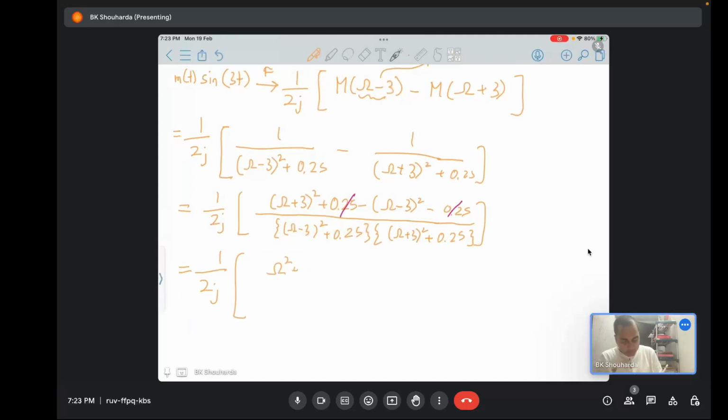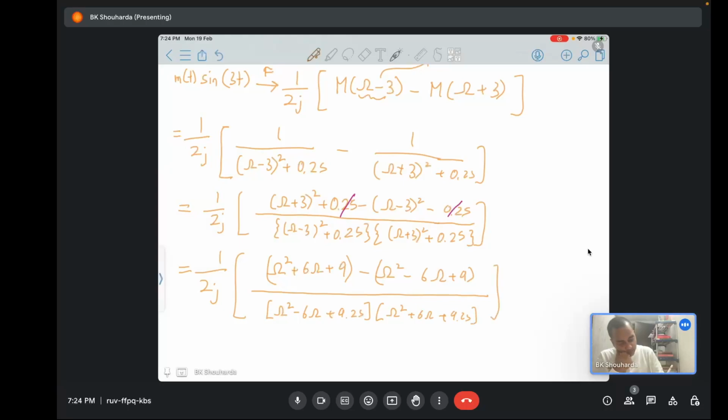Omega square plus 6 omega plus 9 minus omega square minus 6 omega plus 9, over omega square minus 6 omega plus 9.25 times omega square plus 6 omega plus 9.25. Let's cancel the common terms.